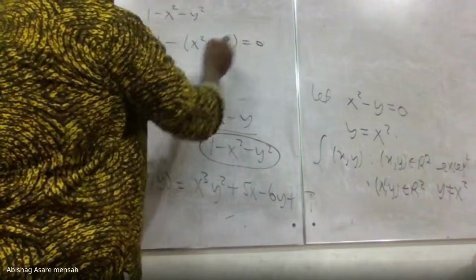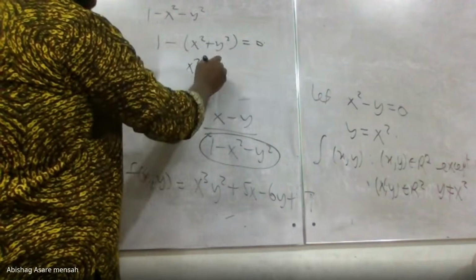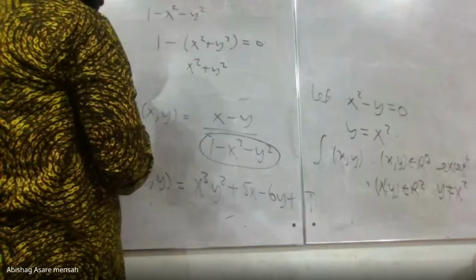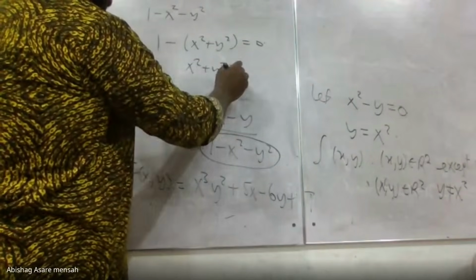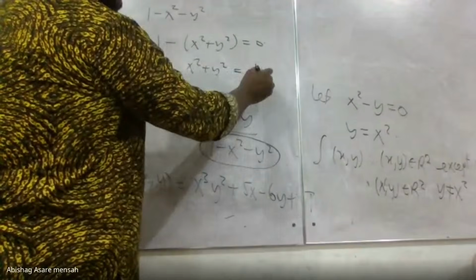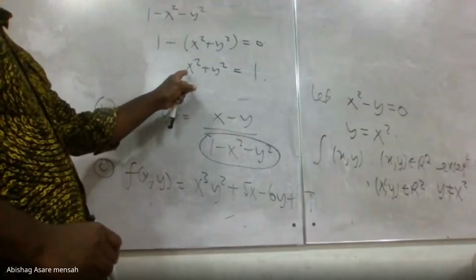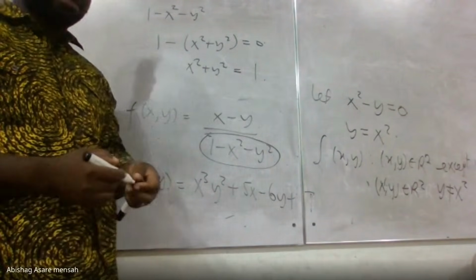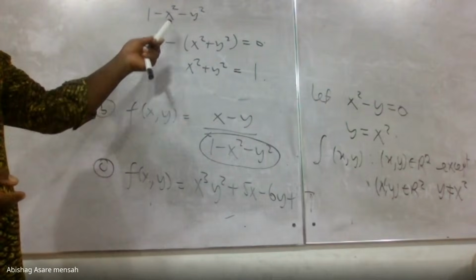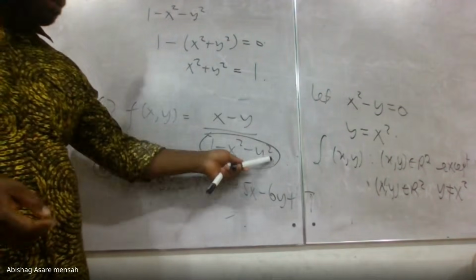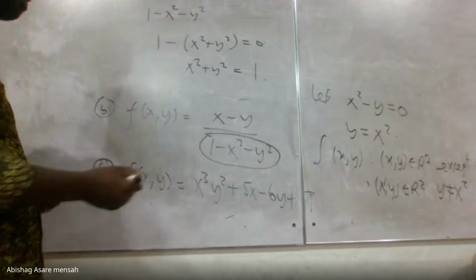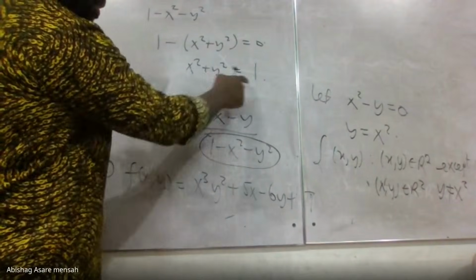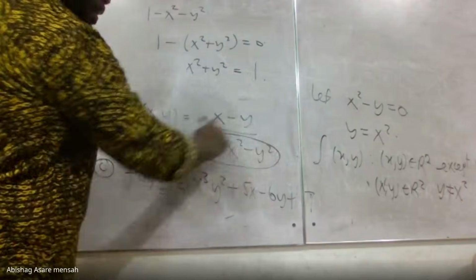So equal to 0. Then I'll say that x squared plus y squared is equal to what? 1. So if you find x squared and y squared and it gives you 1, it means this plus 0. So whatever is here, x squared plus y squared, if it gives you 1, it means this plus 0.